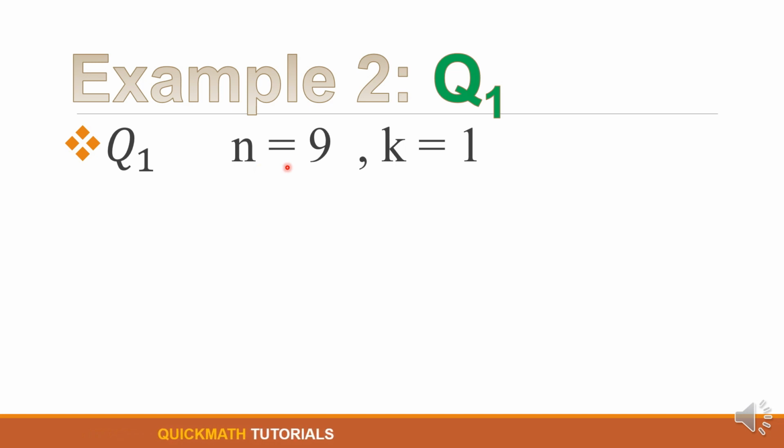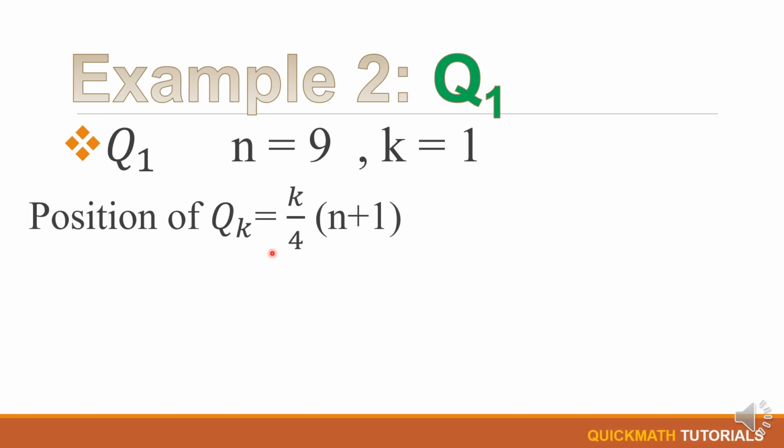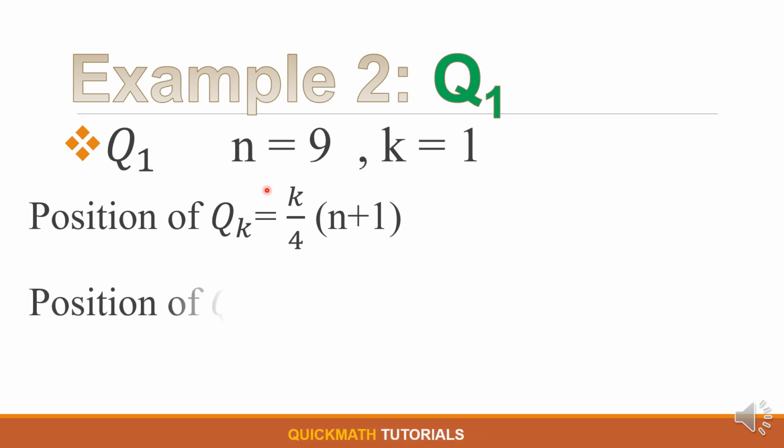Our n is equal to 9 and our k is equal to 1. Using the formula for the quartile, we will substitute the value of n and k.